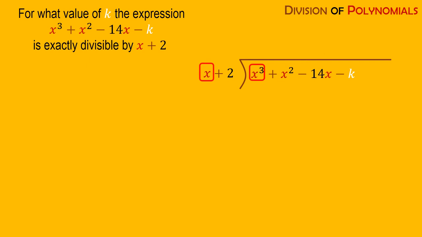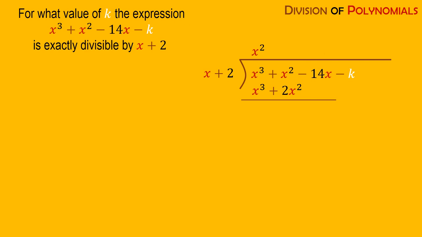So starting with the first terms and dividing them, x cubed divided by x, you will get x squared, and multiplying x squared with x, you will again get x cubed. But you have to multiply x squared with plus 2 as well. So 2 times x squared is plus 2x squared.